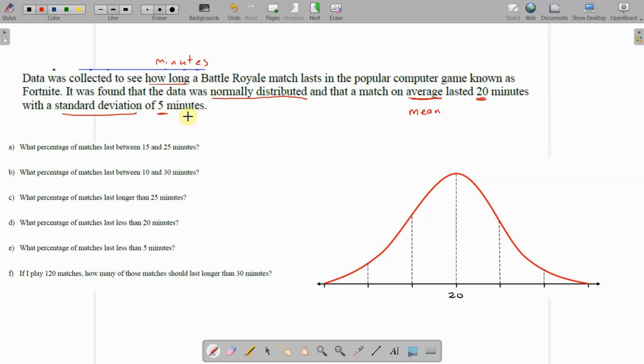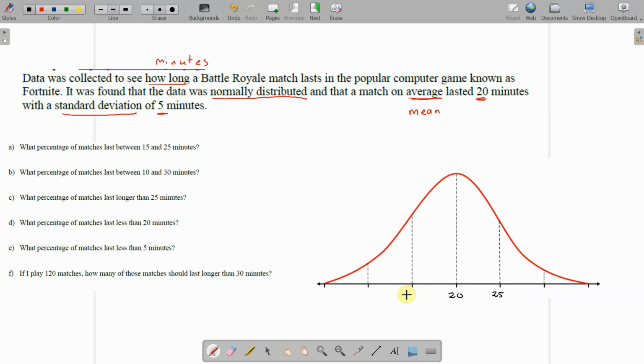If the standard deviation was longer, then what I'm about to do would change a bit. But we've got 5 minutes as a standard deviation, and that means each one of these dotted lines represents 5 minutes time. So the next division is at 25.